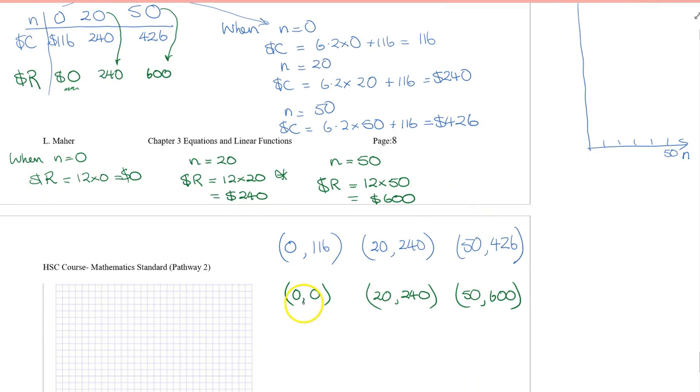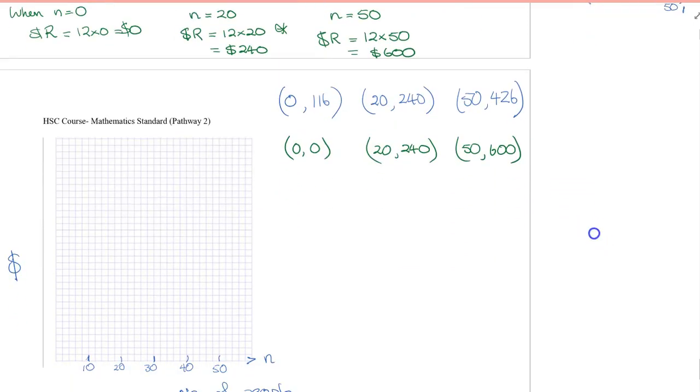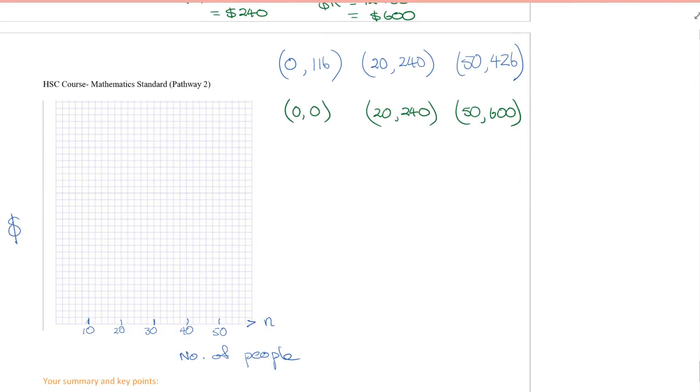So now I need to plot these three green points and join them up. So I've got the revenue line, and the points will be 0, 0, 20, 240, and 50, 600. So you can see that it was a good idea for me not to commit 426 to the top of my scale, because in fact I need my vertical axis to go up to 600.